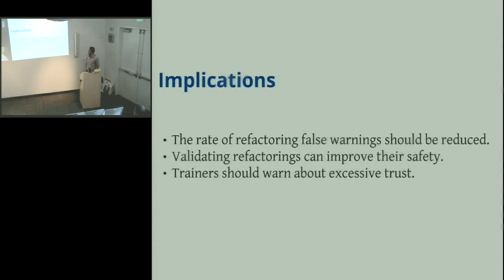And it might be worth investigating other methods of providing safety. Like instead of just reporting messages and errors, we could let the programmer continue with the refactoring and validate the refactoring afterwards and guide them in fixing places that might be unintentional.